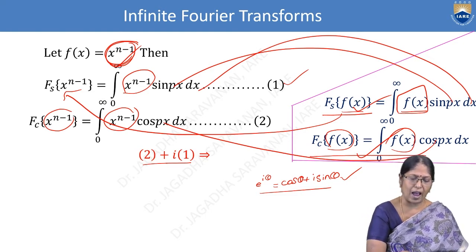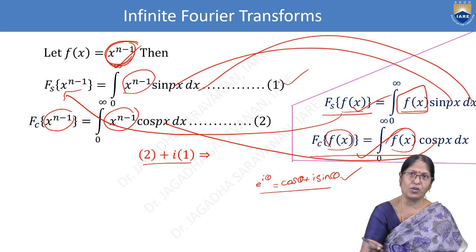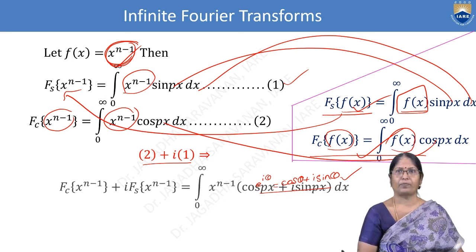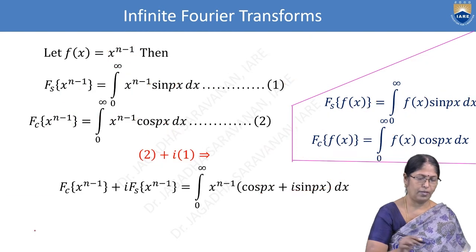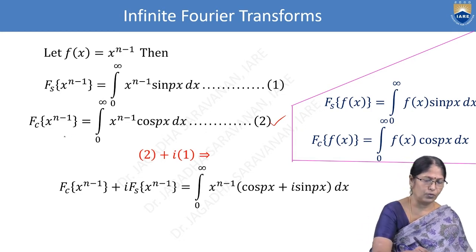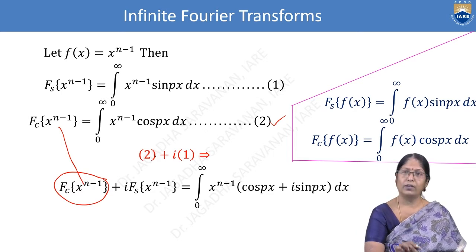we executed it this way: equation 2 is added with equation 1, whereas equation 1 is multiplied by i. Now, equation 2 is here, multiplied by 1. That's what is written here.